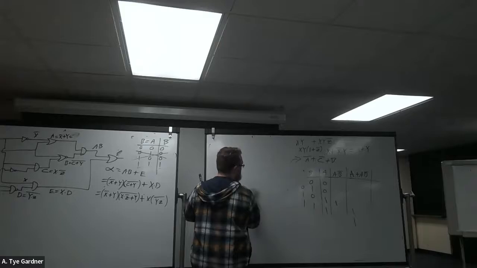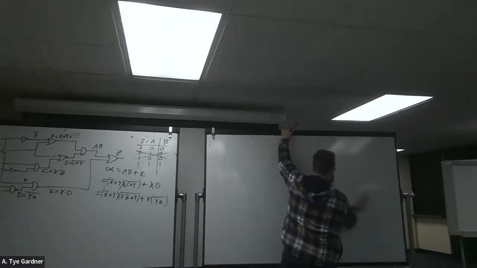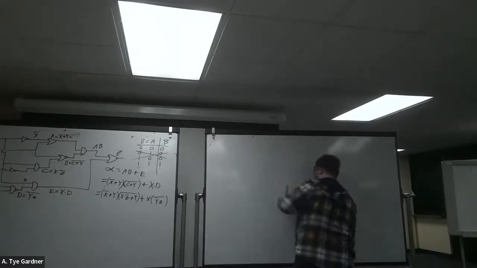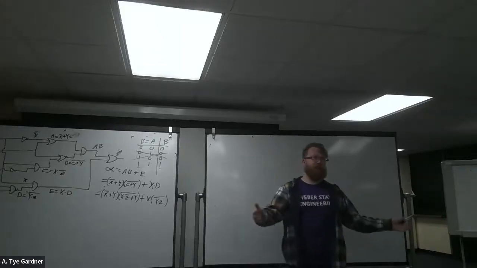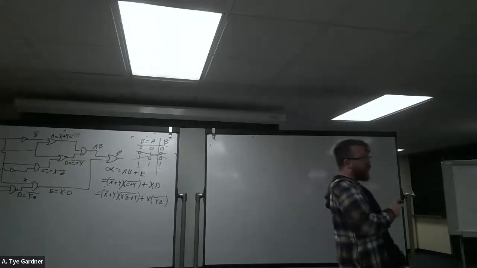Now I need to introduce, I think, the last theorem that I have to teach at all. And the theorem is called De Morgan's theorem. And De Morgan's theorem is something of a nightmare. In its simplest form, it's really easy.